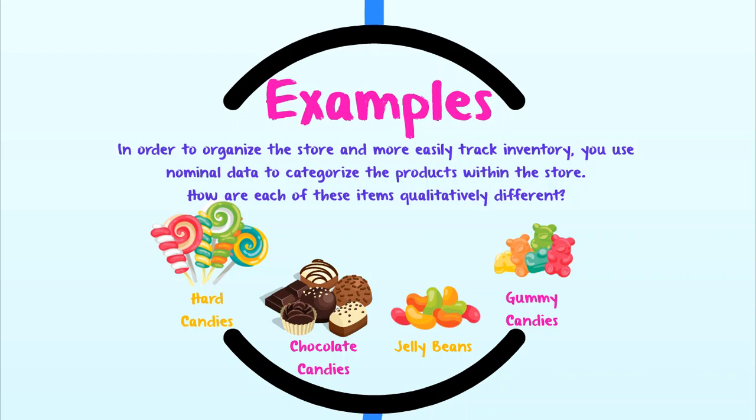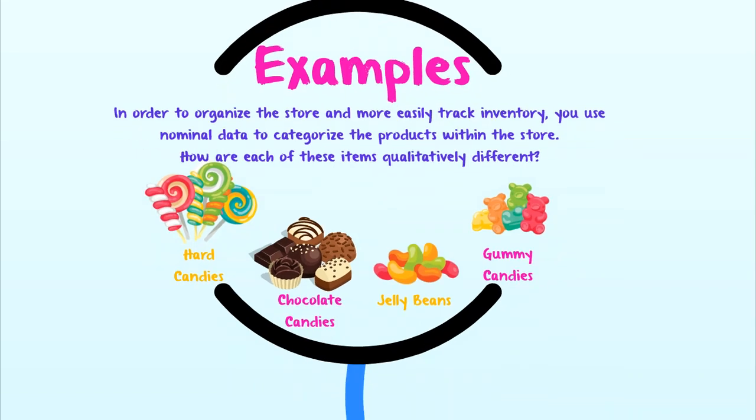Depending on the classification they received, they got put into a different part of the store. You can look at these and ask how they are qualitatively different. Well, they have gummy characteristics, they are jelly beans, they contain chocolate, or they are hard.